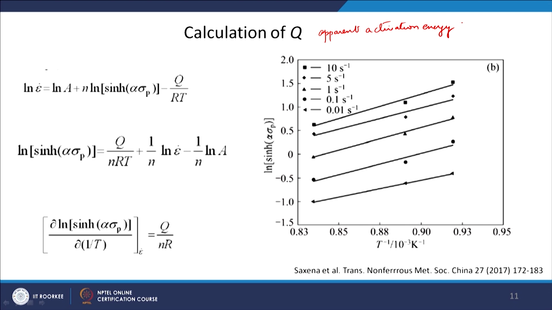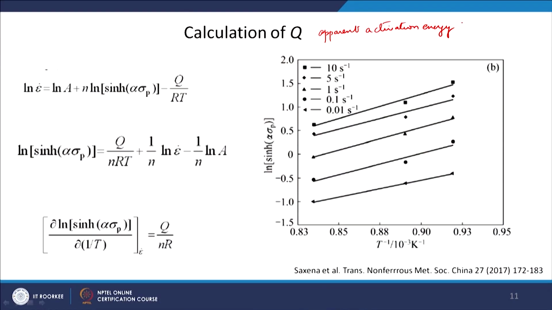The reason is that the microstructure is continuously changing during the deformation, and these are not activation energies calculated from one specific mechanism. We are trying to predict a mechanism using the activation energy. So, the microstructure is not going to be a stable microstructure, because you are deforming at different temperatures here.